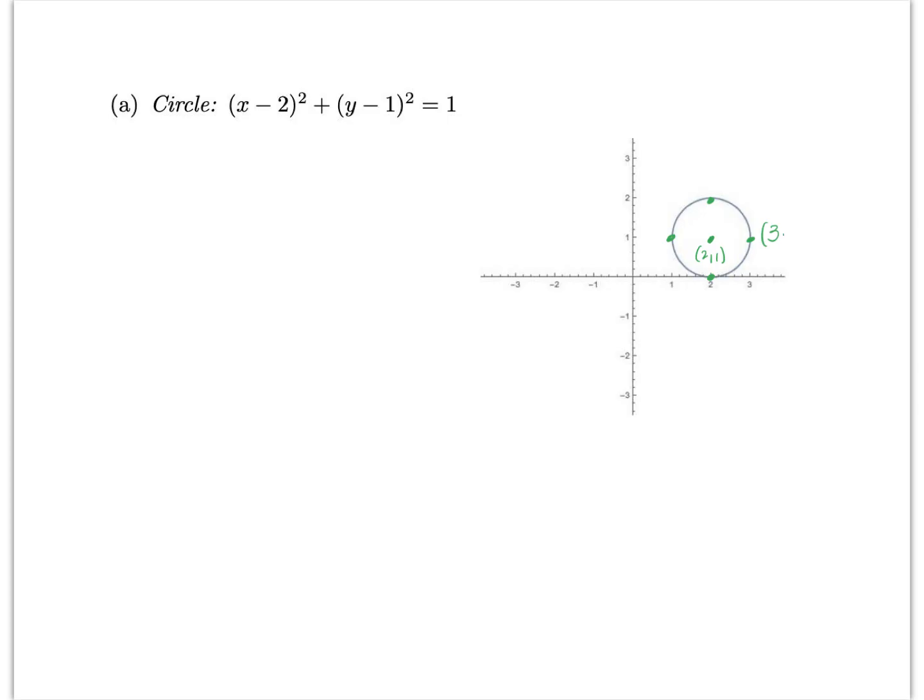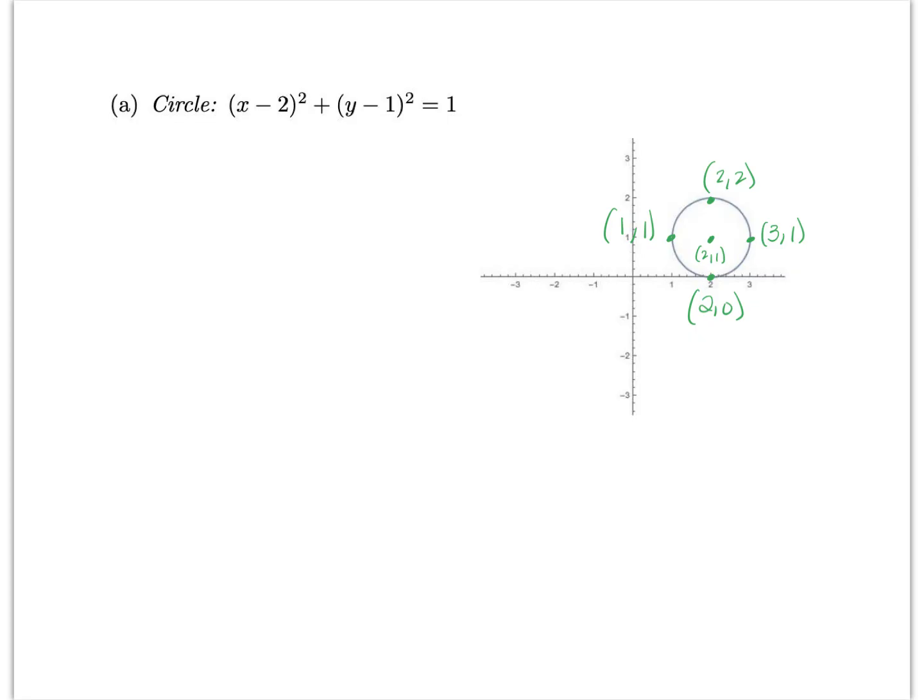So this point is (3, 1). This point is (2, 2). This point is (1, 1). And this point is (2, 0).